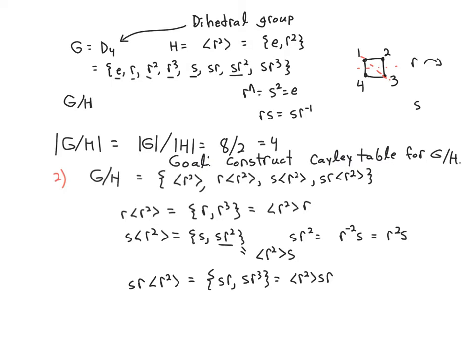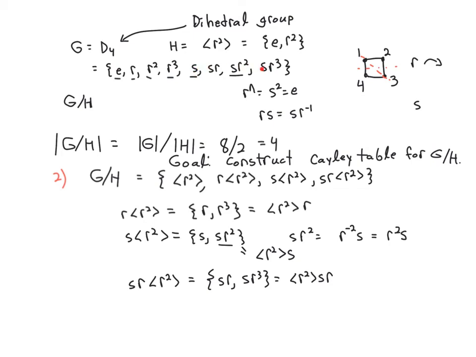Then it's not too hard to see that if you multiply r by the subgroup, you're going to get r times e, which is r, and r times r squared, which is r cubed. Likewise, if you multiply on the right by r, you get the same thing. That takes care of four of the elements, the four rotations.